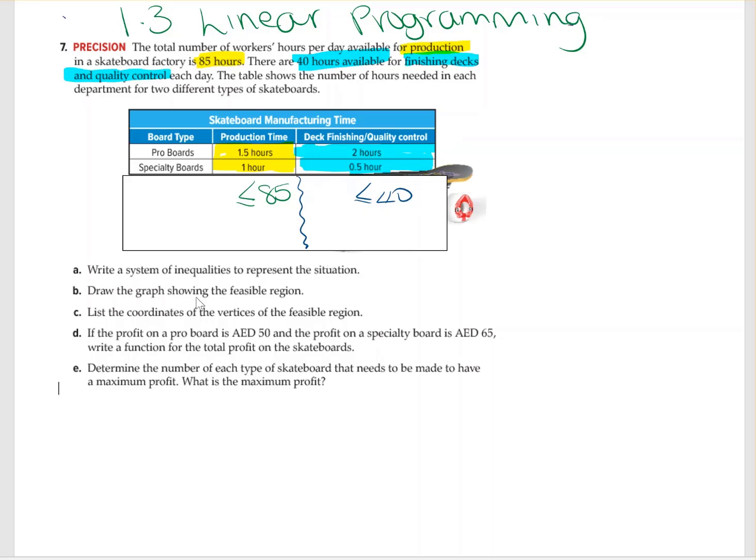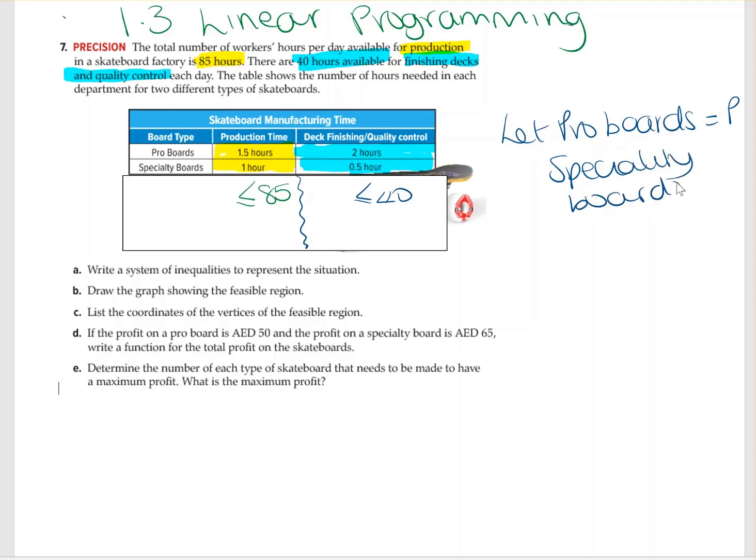So let's have a look what the question says. Write a system of inequalities to represent the situation. So the first thing we need to do is write an inequality. Now we need to decide a variable, so we can say let pro boards equal P and let speciality boards equal S. So we can use these variables for our inequality.